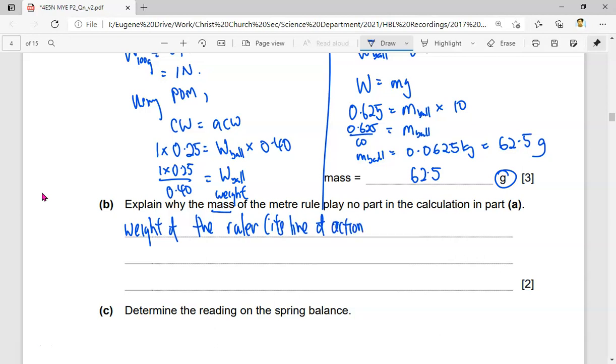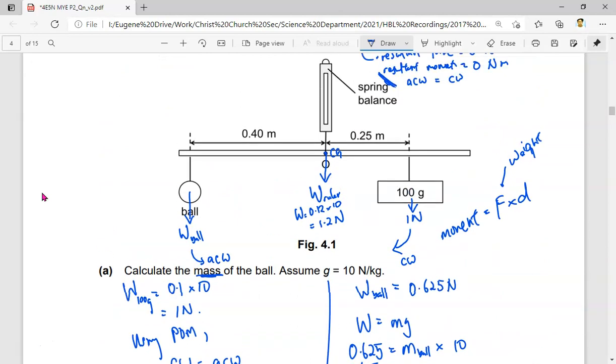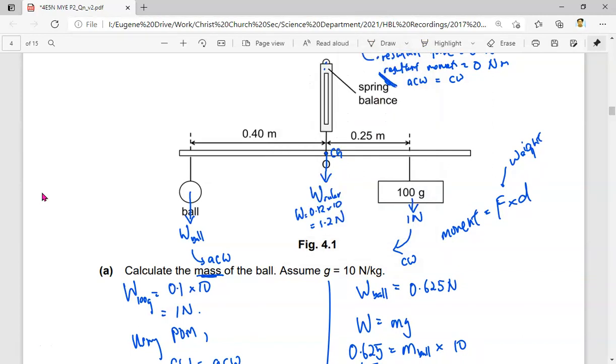Now what exactly is the line of action? Every single force has this thing called the line of action of the force. So if the weight is here, the line of action, and let me use a different color to show you, will just be along the force. So this dotted line here is the line of action of the weight of the ruler.